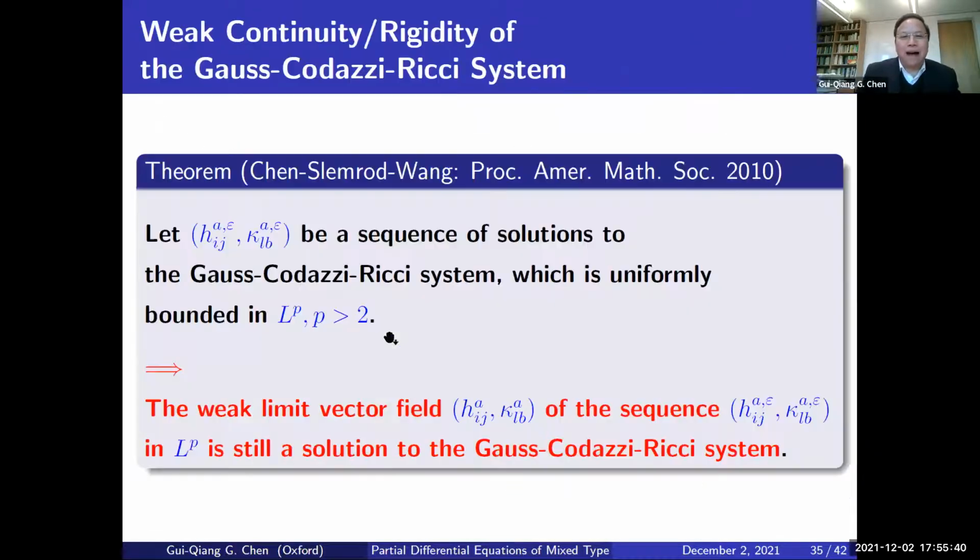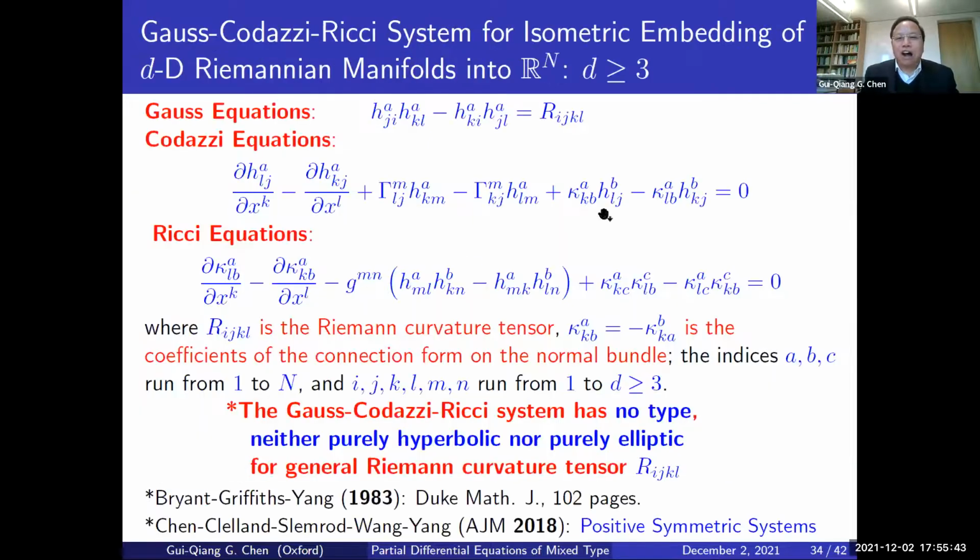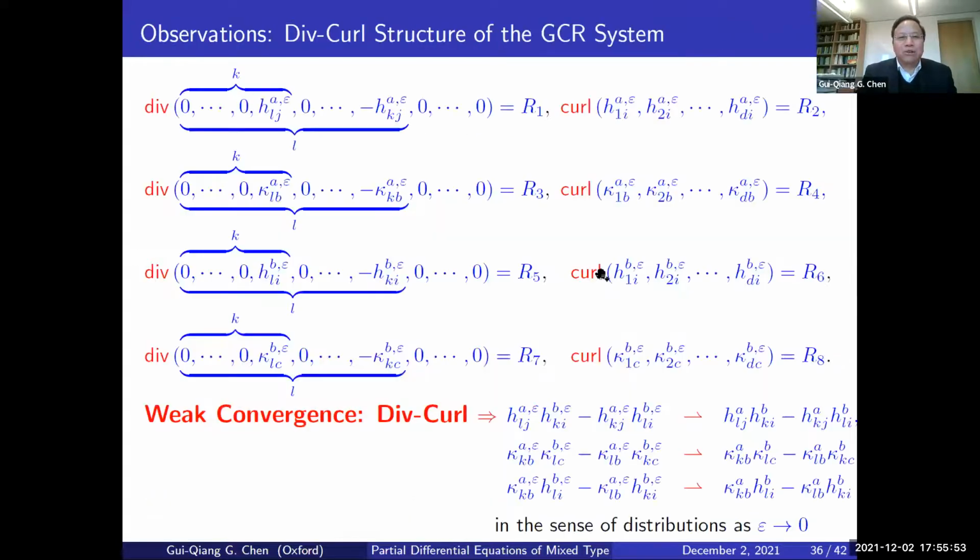Now you really want to pass the limit through these nonlinear terms, these quadratic terms. You have to pass the limit through the quadratic terms, the weak continuity. It turns out we observed this div-curl structure, then used the div-curl lemma. It turns out this exactly produces a weakly continuous quadratic form, and you can pass the limit exactly.